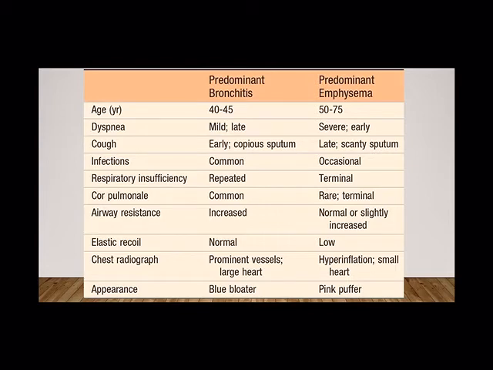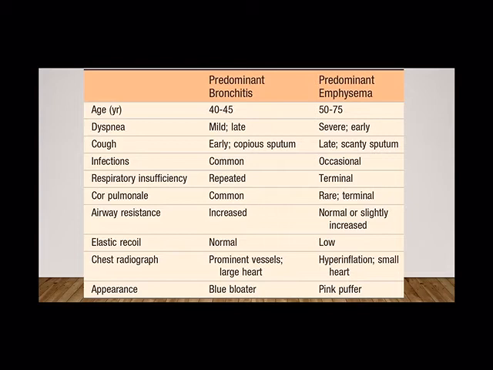So the patient will appear as a pink puffer, where he will have hypoxia but his carbon dioxide will be pushed out. So he will have a pink puffer appearance. Whereas in chronic bronchitis, the patient has only the symptom of cough, but doesn't have much dyspnea. So the patient never attempts to take voluntary breaths, that is, he never attempts to voluntarily breathe out air.